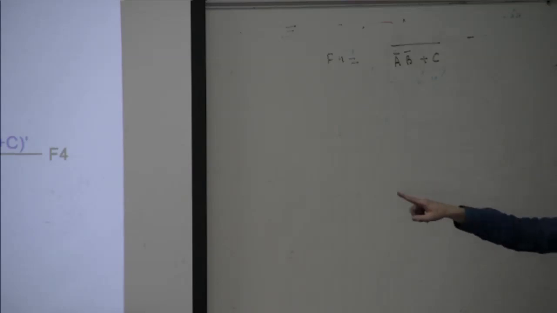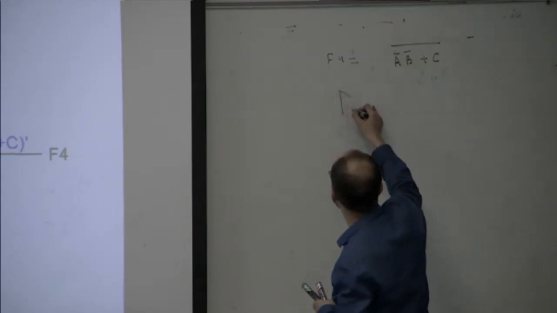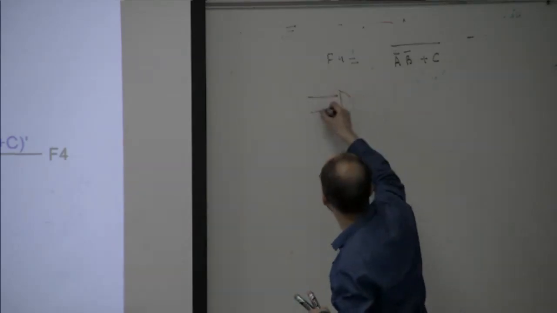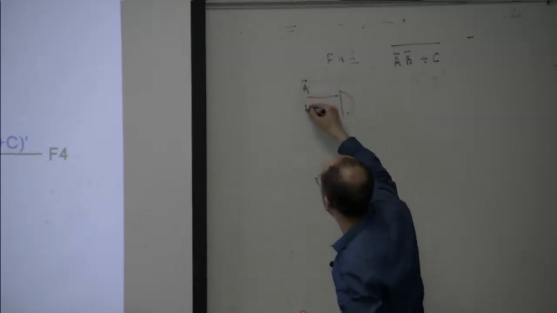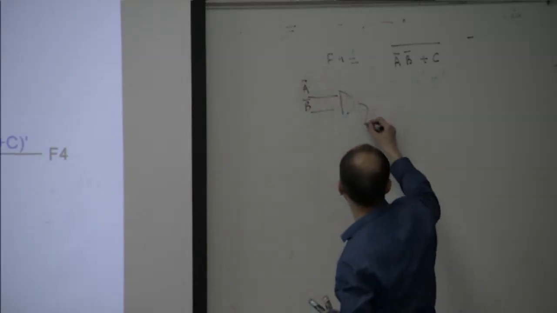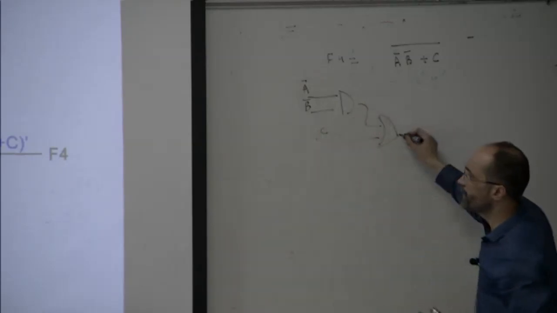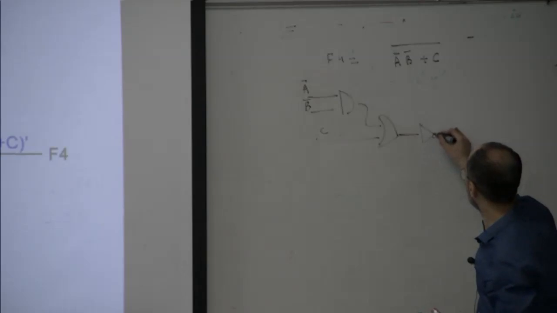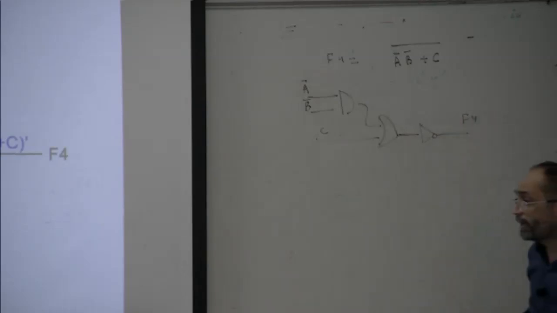Now if you look at the logical circuit, it looks something like this: A bar, B bar, and then C, and then F4.